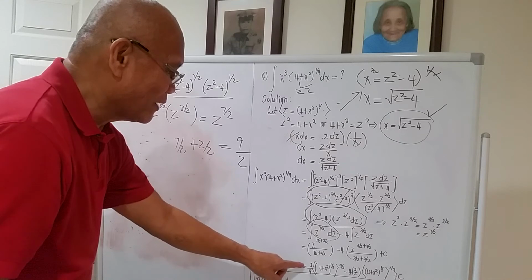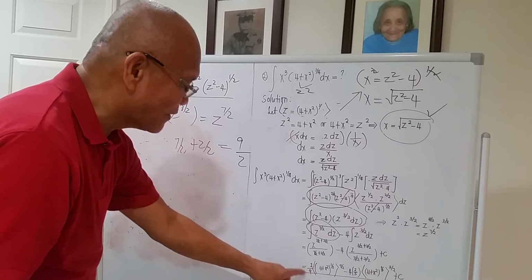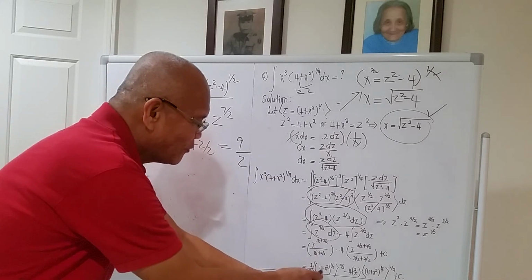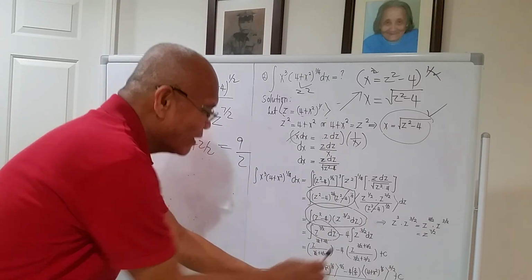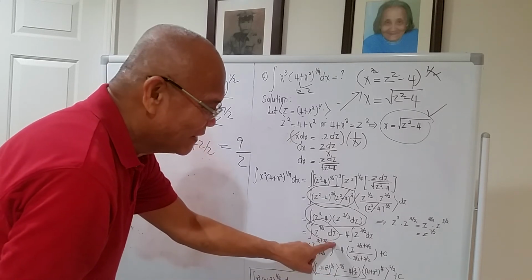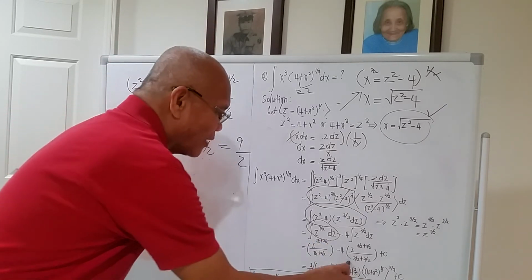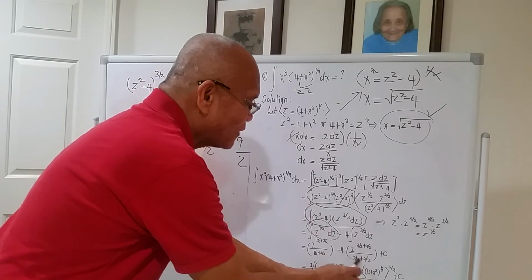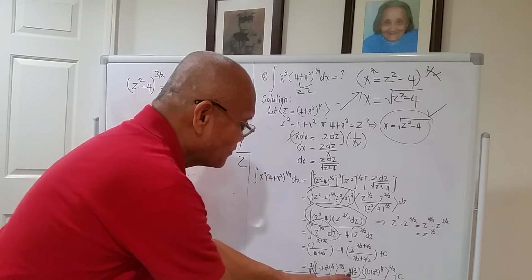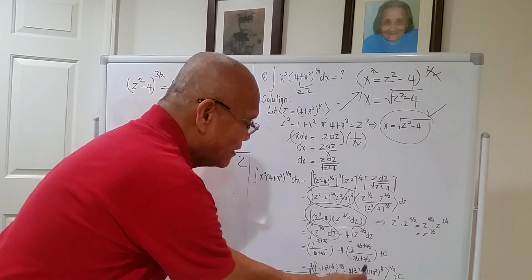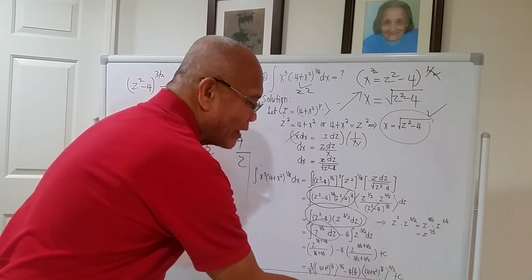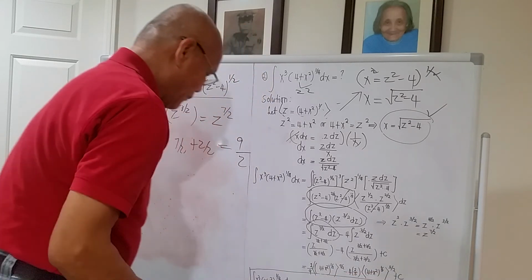So the coefficient of the first term will be 2 over 9, quantity, what is z? z is actually 4 plus x squared raised to the 1/2, and raise that again to the 9/2. Minus 4. 3/2 plus 2/2 is 5/2. We take the reciprocal, this is 4 times 2 over 5 times the value of z, 4 plus x squared raised to the 1/2, raised again to the 5/2.